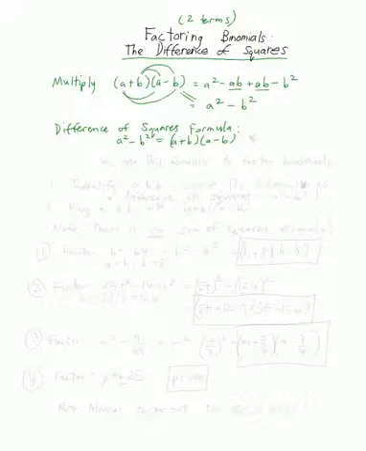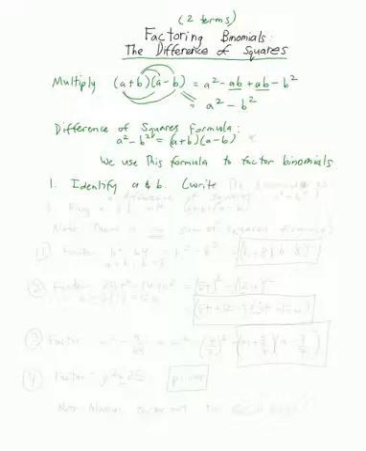So how do we use this formula? We use this formula to factor binomials. Okay, so how do we do that? Well, step one is to identify a and b.